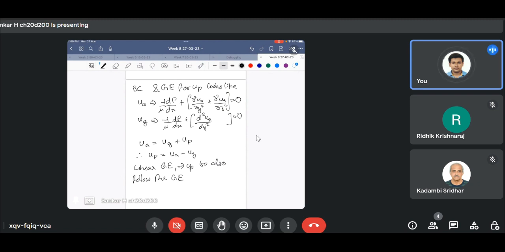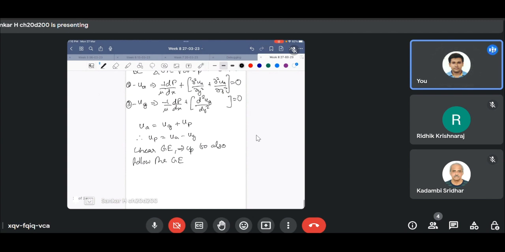Let me call the first equation 1, so I'll call these equation 2 and equation 3. If I subtract equation 2 from 3, I should get a governing equation for UP.